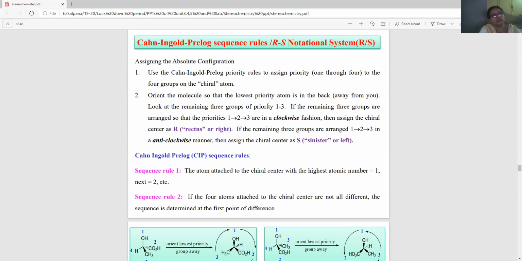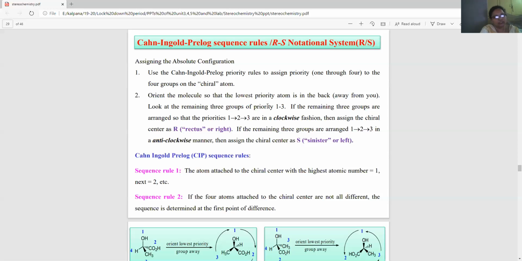So using the Cahn-Ingold-Prelog priority rules, assign priority, that is 1 through 4, to the 4 groups on the chiral atom. Orient the molecule so that the lowest priority atom is in the back, away from you. Look at the remaining three groups of priority 1 to 3.